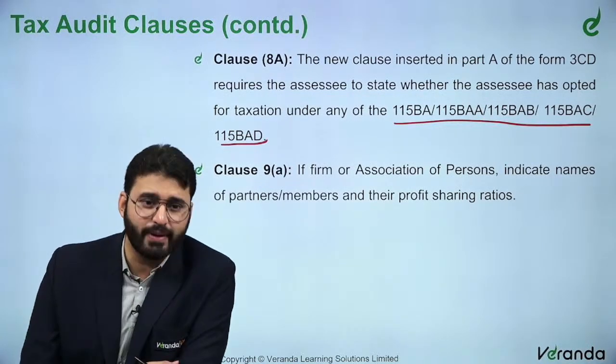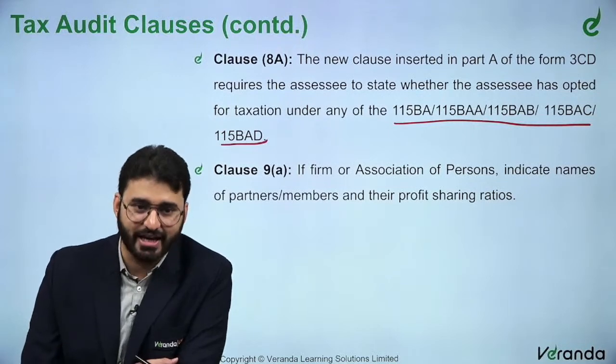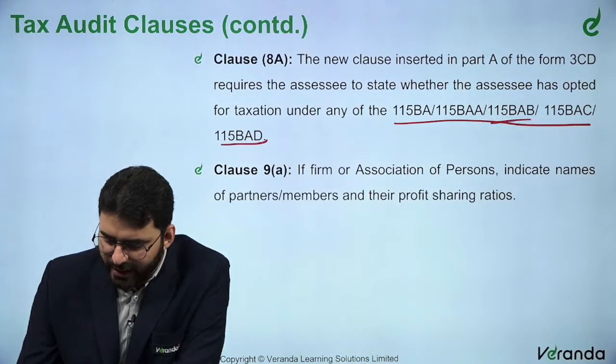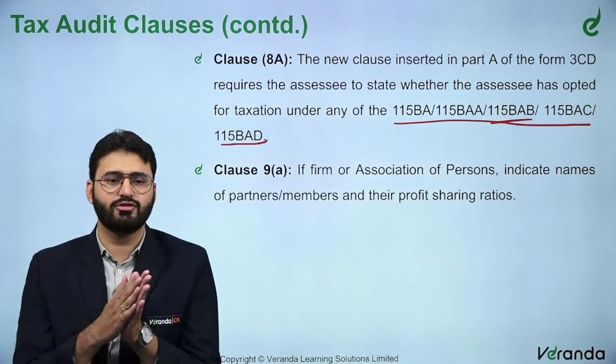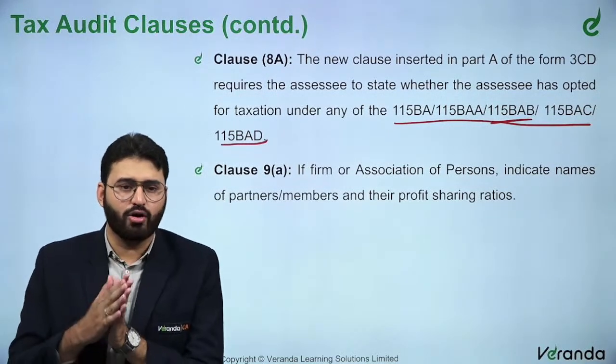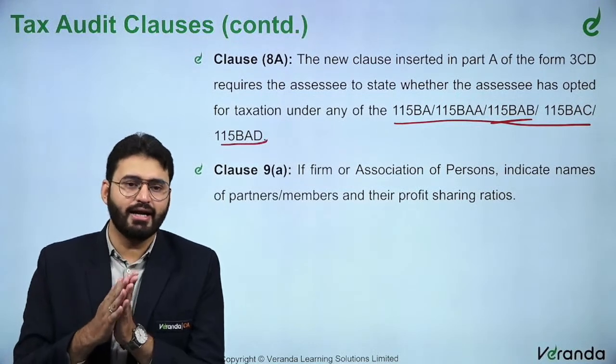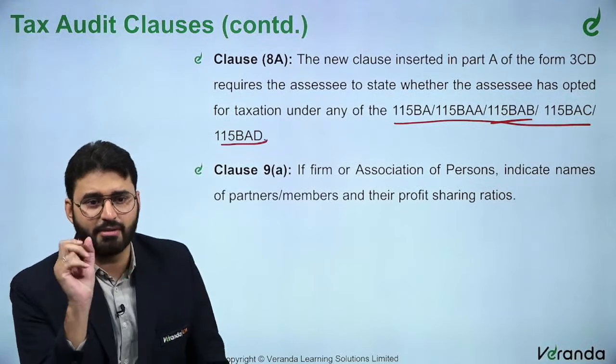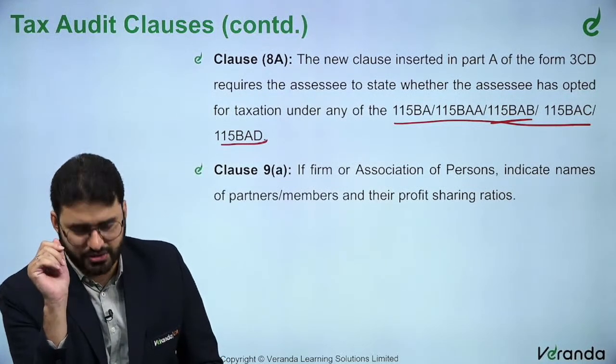These are all special taxation sections where, for example, for 115BAB, a company which started its operations post October 2020, and is in the business of manufacturing operations, can claim 15% income tax plus surcharge, of course.